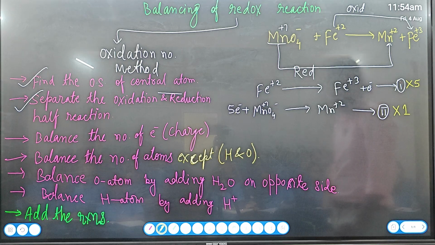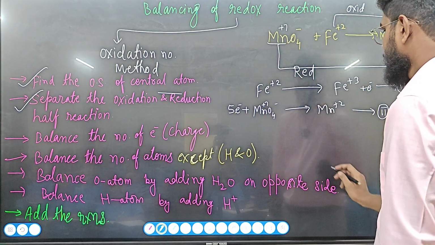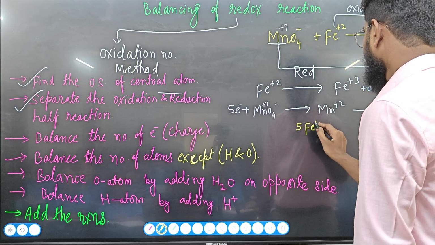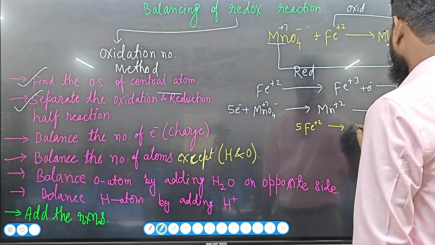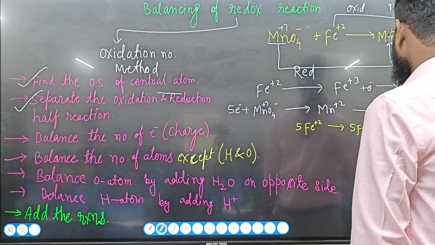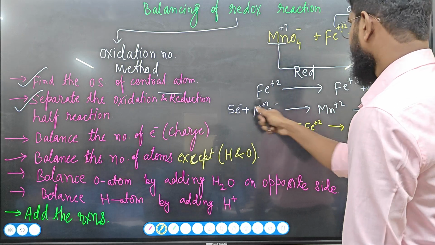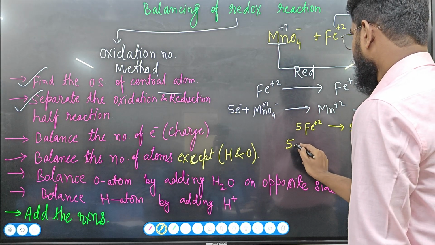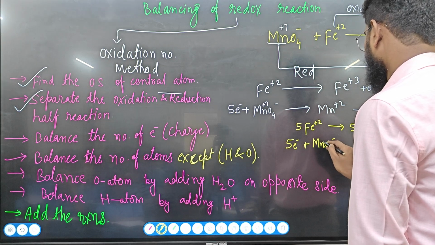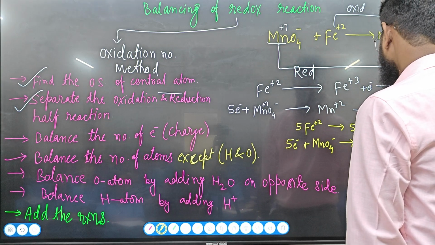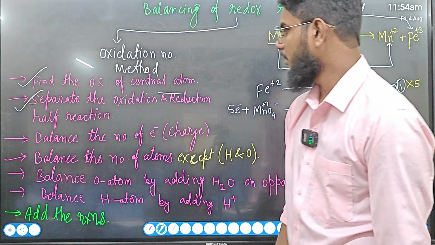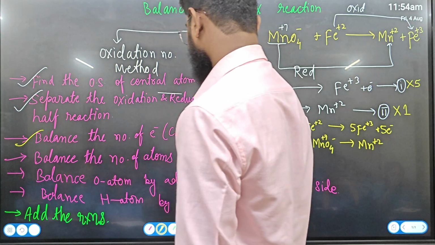What will you get here? 5 Fe plus 2 to 5 Fe plus 3 plus 5 electrons, right? And in this case, 5 electrons plus the same MnO4 minus to Mn plus 2. So this step is already done.